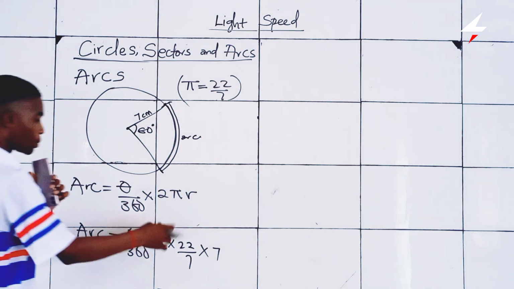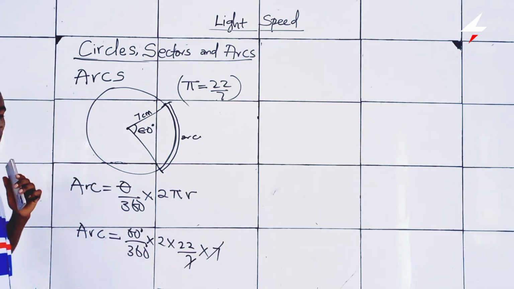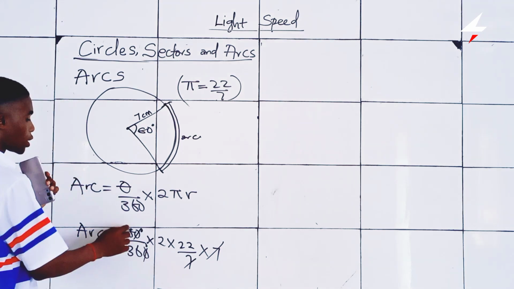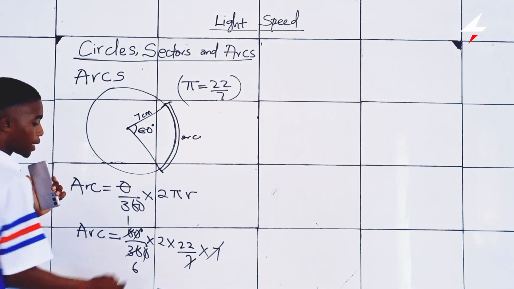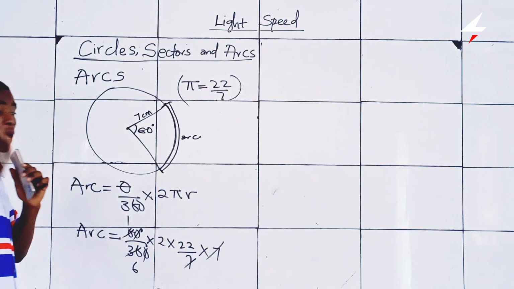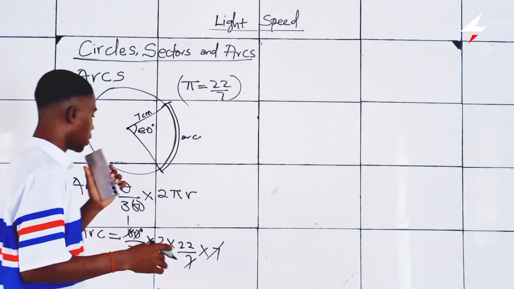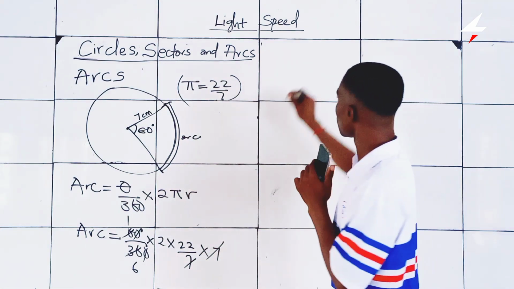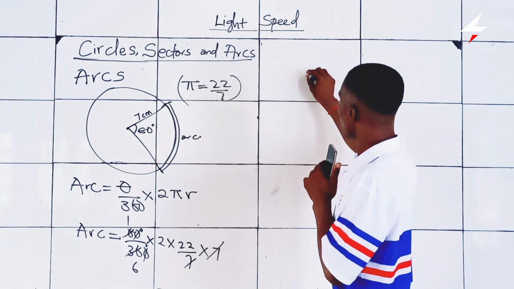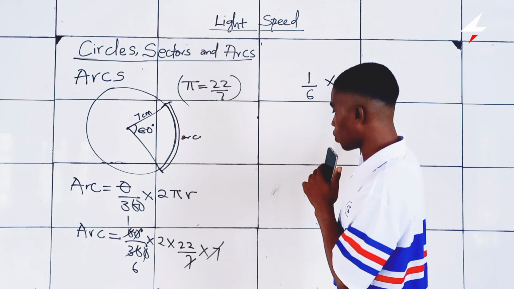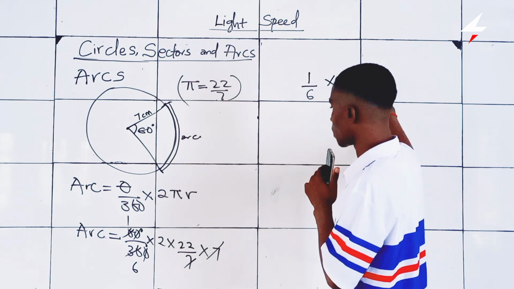So let's try to simplify. 7 can cancel 7. A 0 here and a 0 there are gone. 6 here is 1, 6 there is 6. I'm going very slowly so that you get the techniques I'm using. You can take the video backwards to see the style I used. We're left with 1 at the top as the numerator. 1 over 6 times 2 times 22.